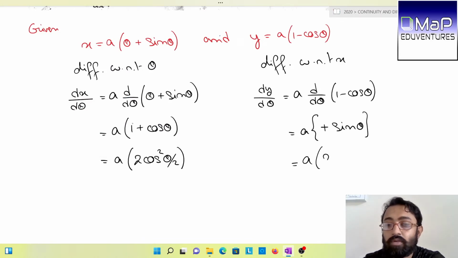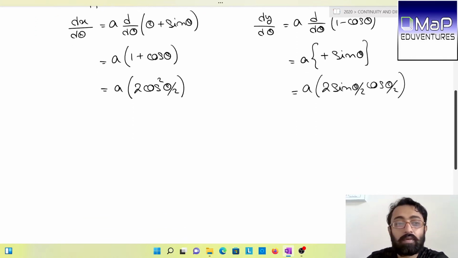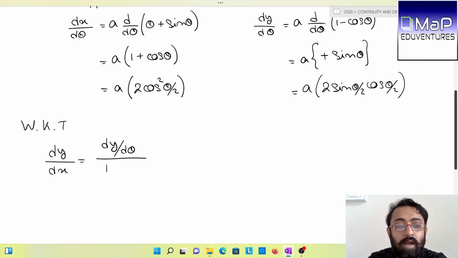This will be 2 times sin(θ/2) into cos(θ/2). Okay, so let us keep it here. Now we know that dy/dx is given by dy/dθ divided by dx/dθ.